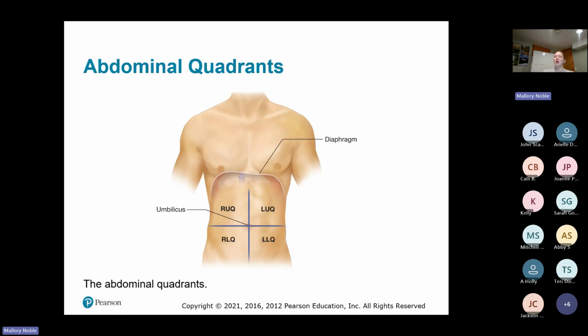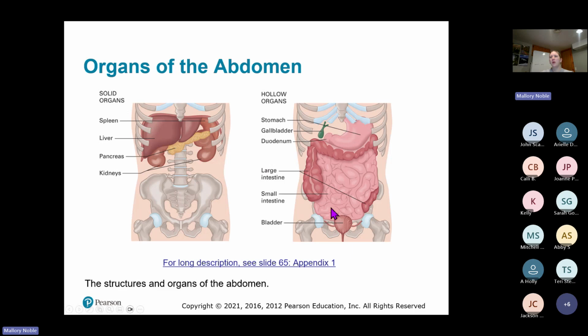If you were to draw a line straight up and down through the belly button, and then crossways through the belly button, it makes a big cross. That is where our quadrants are going to be. So if we overlay this on top of the pictures that we saw a minute ago, you can see exactly where these organs are going to be divided up.